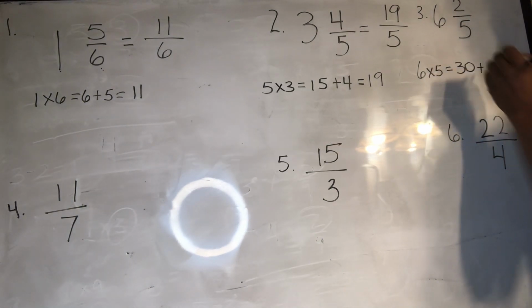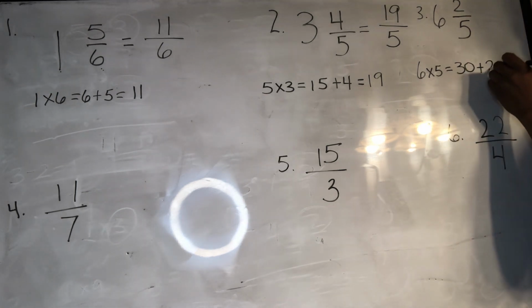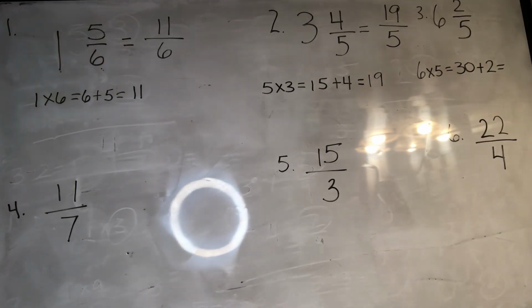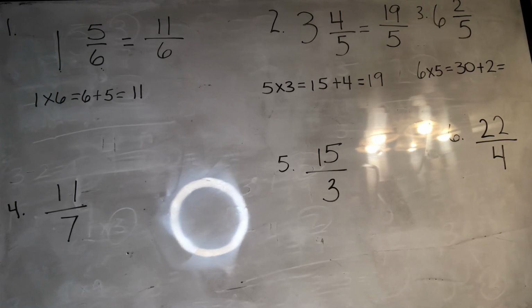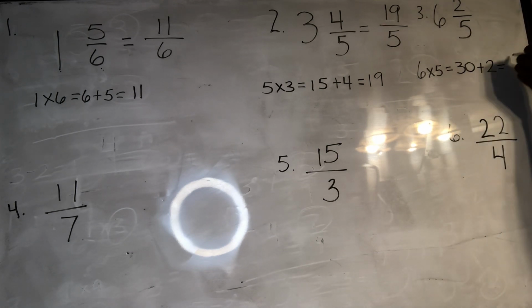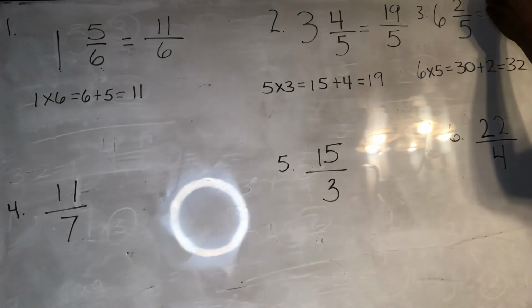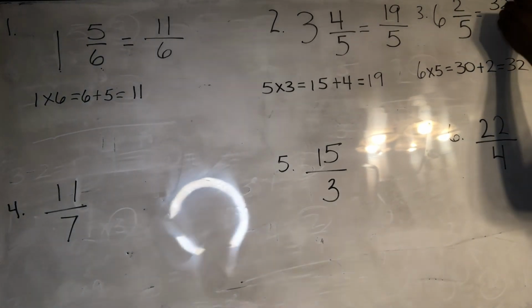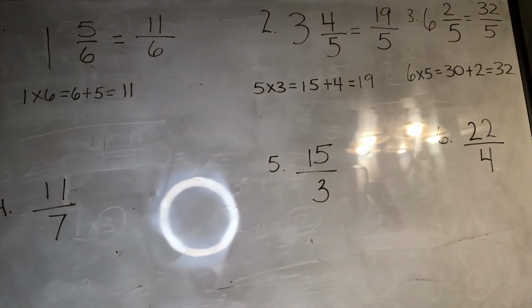But we need to add our numerator, and we have a 2. So 30 plus 2. Either you could just move the 2 over into the 1's place because there is a 0, and it would just become 32. So your numerator would say 32, and your denominator would still be the 5.